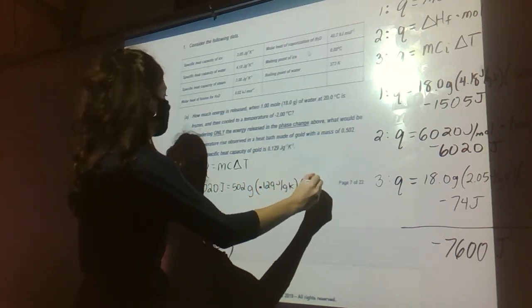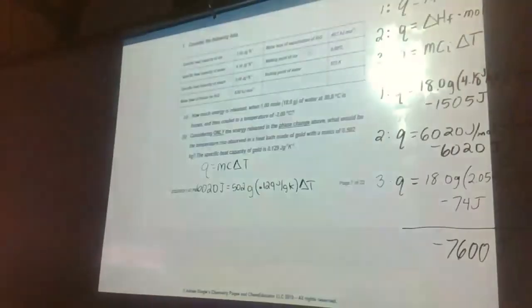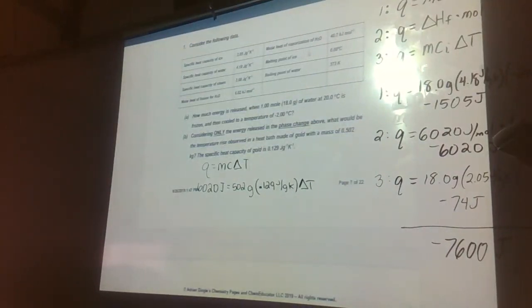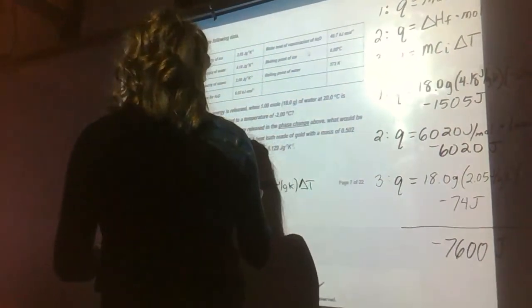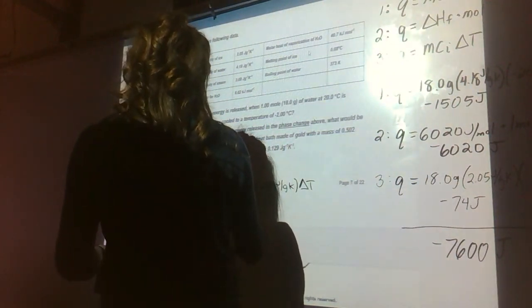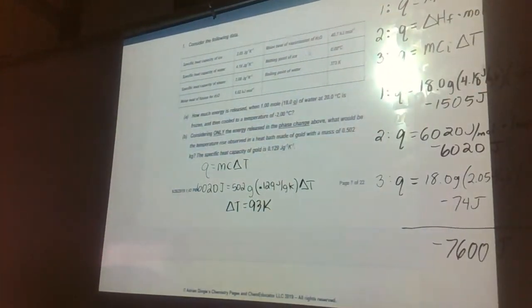And we're finding delta T. The gold bath would go up 93 degrees Kelvin. 93 Kelvin. That's a big temperature change. It's so large because gold has such a low specific heat. Okay, any questions?